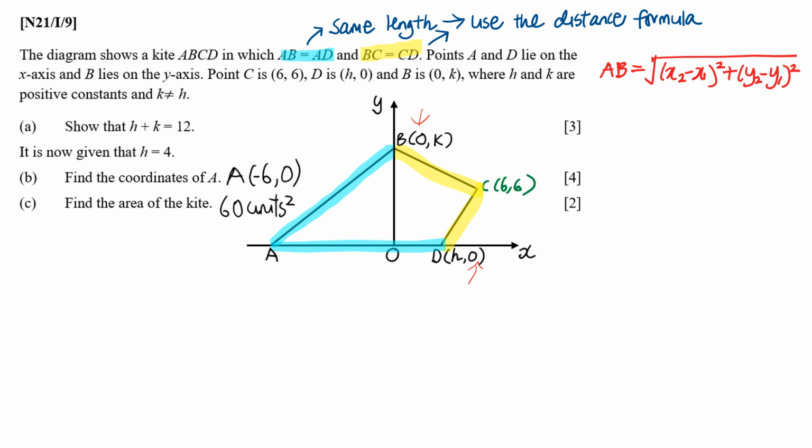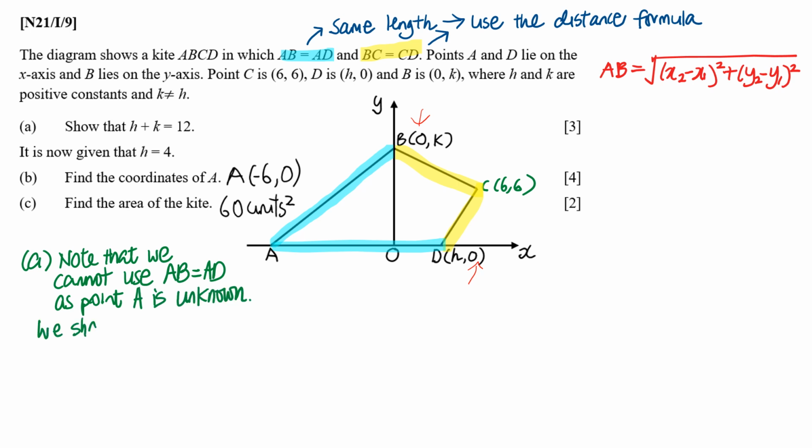Point C is given to be (6, 6). So let's go on to find the length of BC. You can label point B as x1, y1, and point C as x2, y2, and then you just substitute into your distance formula.